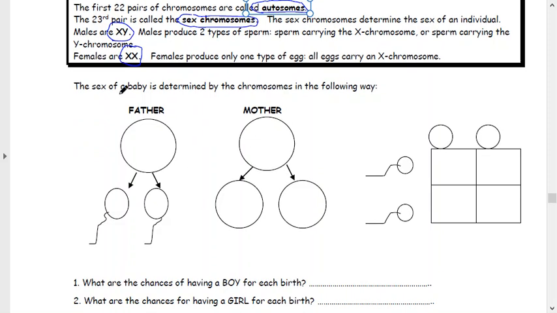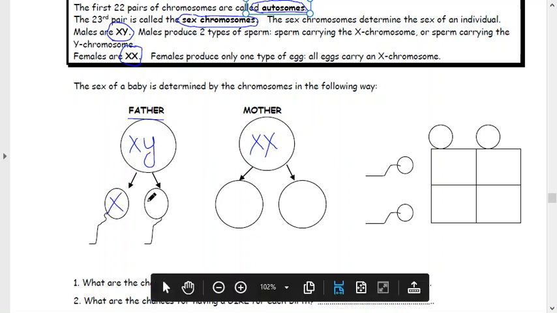So down here, we're just going to copy that. In a father, as a male, you could have sperm that have an X chromosome in them or that have a Y chromosome in them. Those are the two possible types, right?